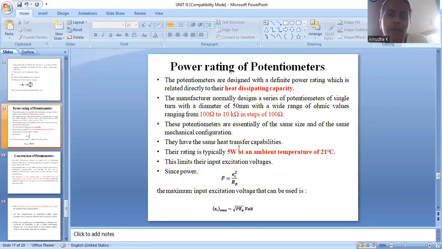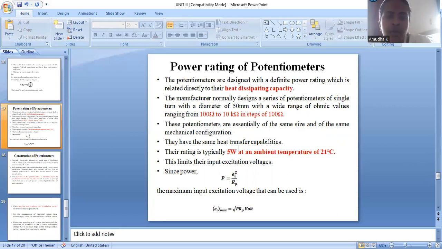Okay. And the power rating of measurements. Potentiometers are designed with a definite power rating, which is related directly to their heat dissipating capacity. The resistance range is from 100 ohm to 10 kilo ohm in steps of 100 ohm. The manufacturer normally designs a series of single-turn potentiometers with a diameter of 50 mm with a wide range of ohmic values.